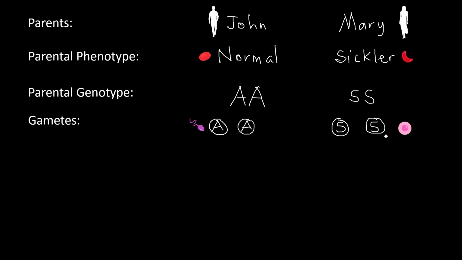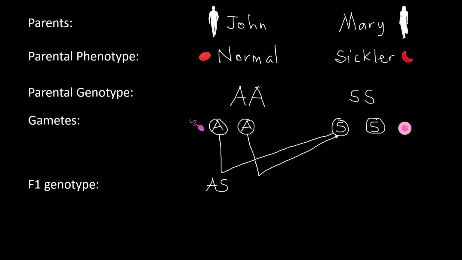So let's see what that is going to be in their first filial generation, which we refer to as the F1 generation. Let's do the crossing and see. If John gives out this, this pairs up with this. So there's a probability that the child will be AS. Or if he gives out this, it is going to pair up with this.